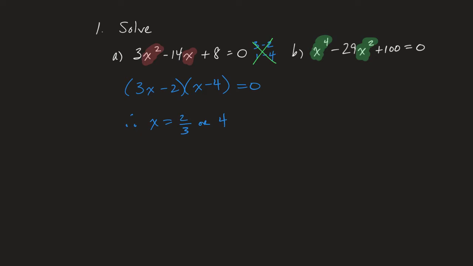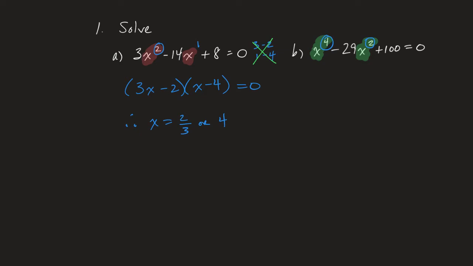Now, sometimes that pattern will be even more explicitly stated as, look back on question A, the exponent on the middle term of that trinomial is half the exponent on the lead term. So now if we switch our focus to B, the exponent on the middle term is half the exponent on the lead term. And so I can factor the expression in the equation in B just as I would a normal simple trinomial.